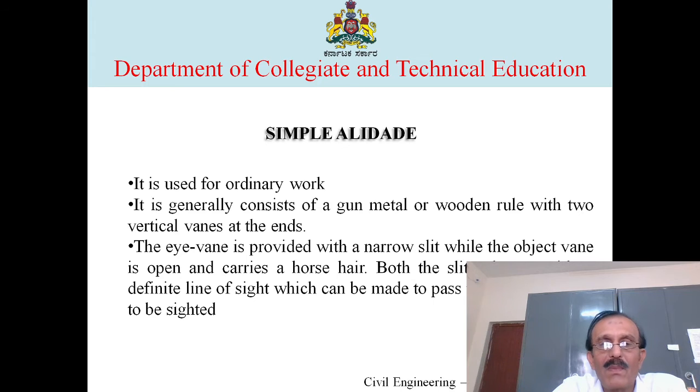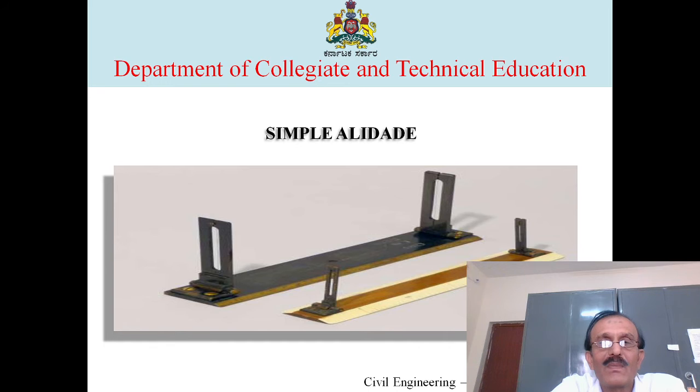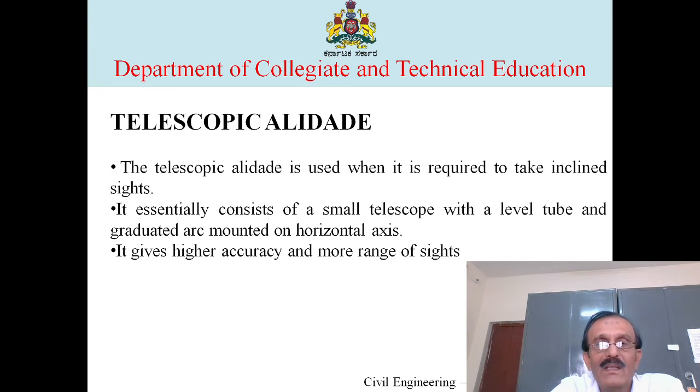The eye vane is provided with a narrow slit while the object vane is open and carries a horsehair. Both the slits thus provide a definite line of sight which can be made to pass through the object that is to be sighted. So this is the pictorial presentation of the alidade.